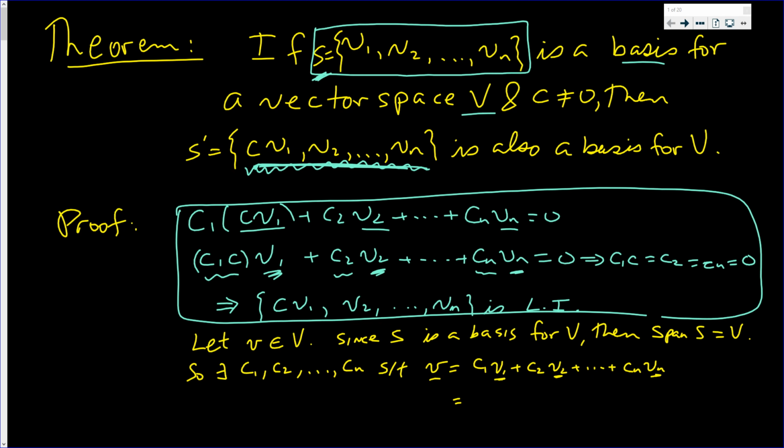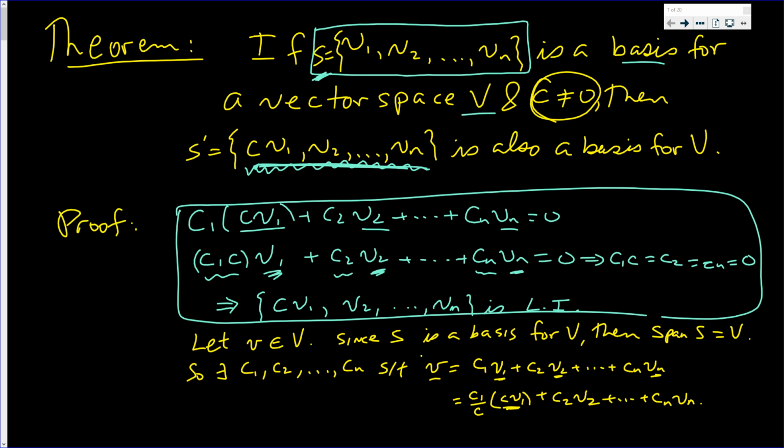Well, since c is not 0, I can divide c1 by c and then multiply by c. That is, I'm going to use that as the first vector, cv1, plus c2 times the second vector, all the way down to cn vn.